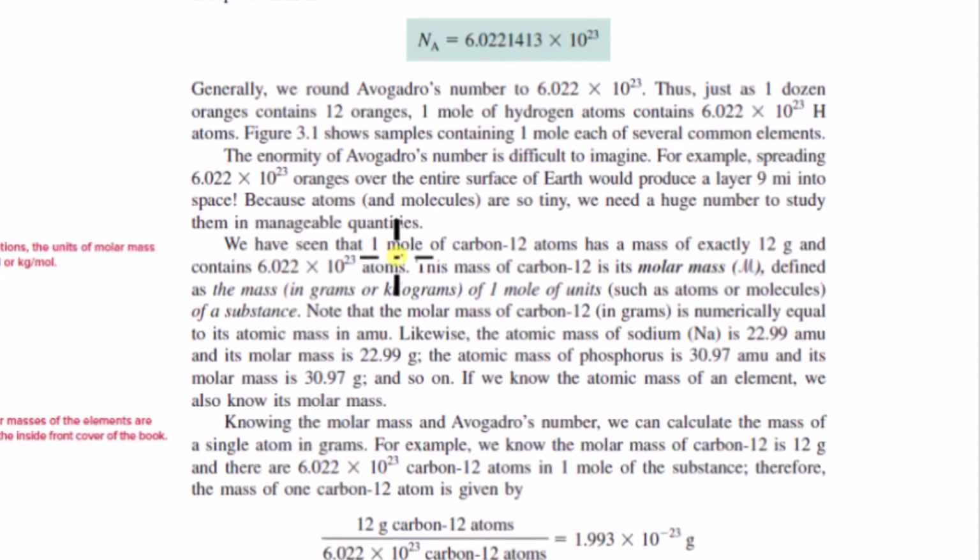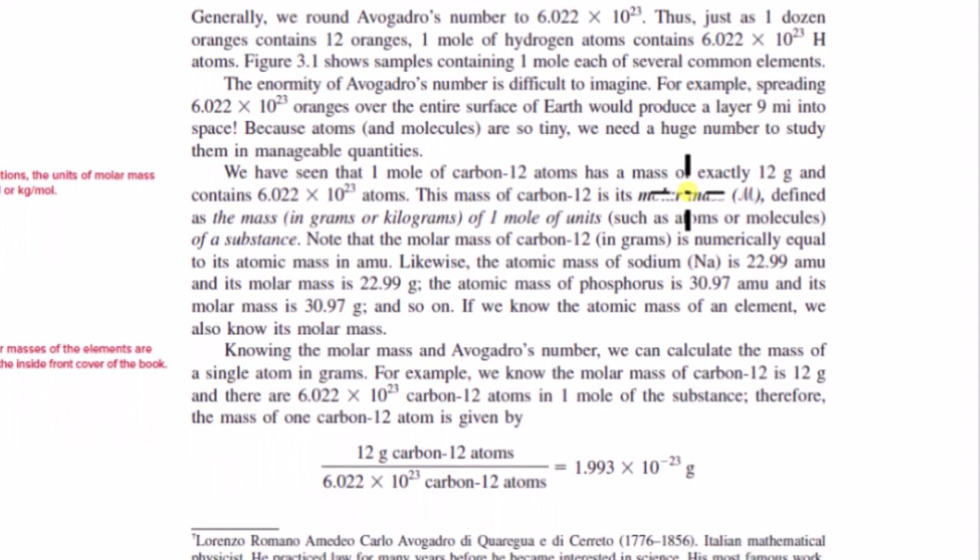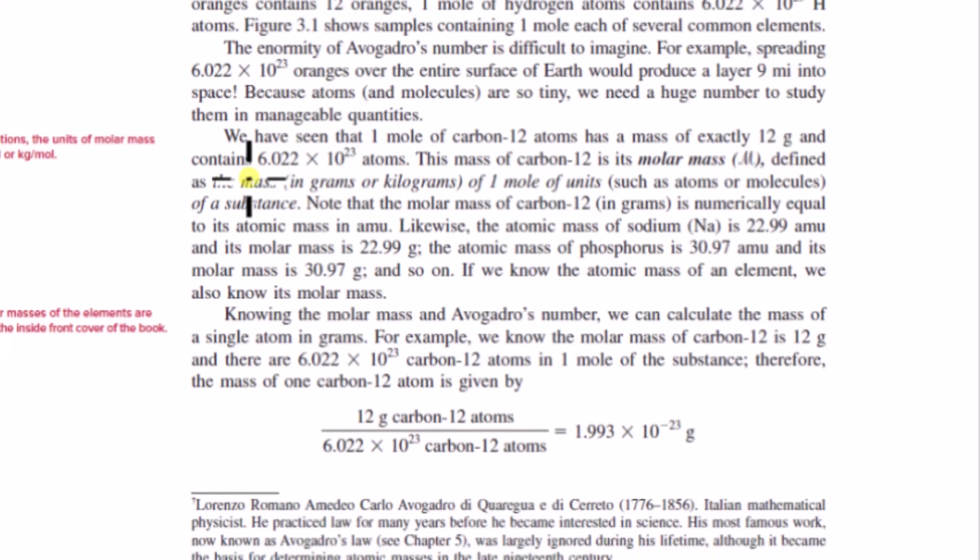We have seen that 1 mole of carbon-12 atoms has a mass of exactly 12 grams and contains Avogadro's number of atoms. This mass of carbon-12 is its molar mass, defined as the mass in grams or kilograms of 1 mole of units, such as atoms or molecules, of a substance.